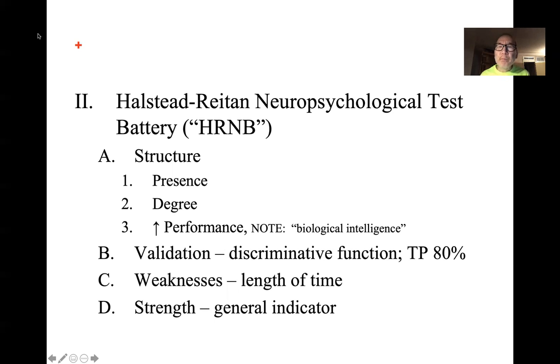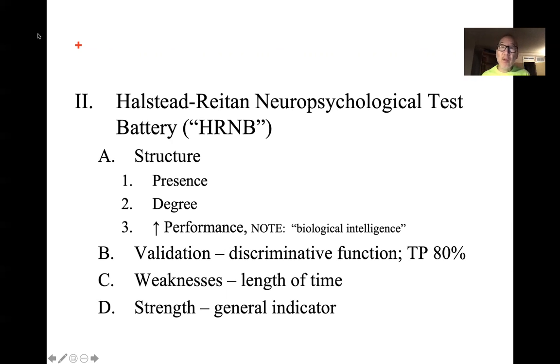But it didn't work out so well as an IQ test. But this happens sometimes with science. Although scientists may intend to create one thing, they end up with something else that is handy for another purpose. And that's the case with the Halstead Reitan. Not a test of biological intelligence, but a good neuropsychological battery.